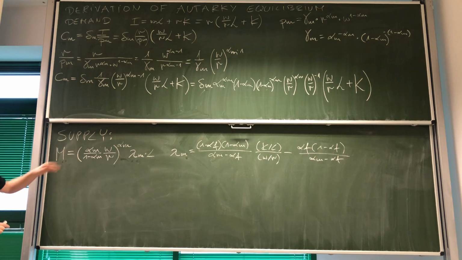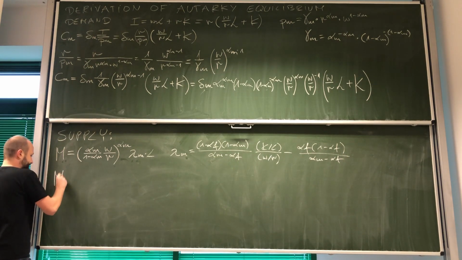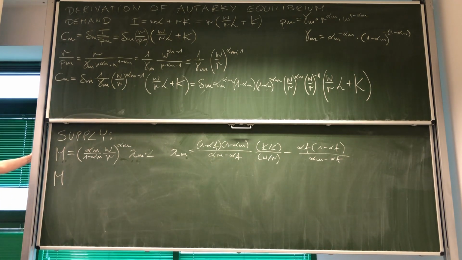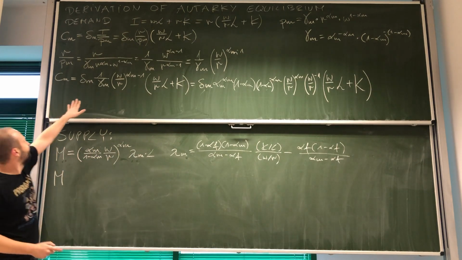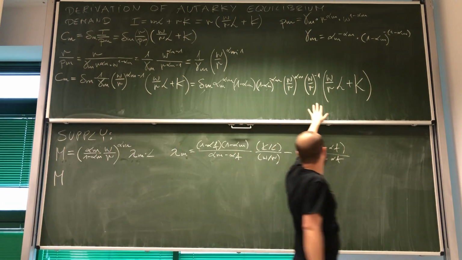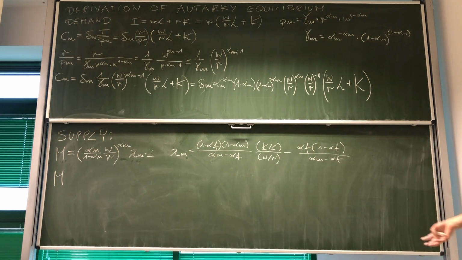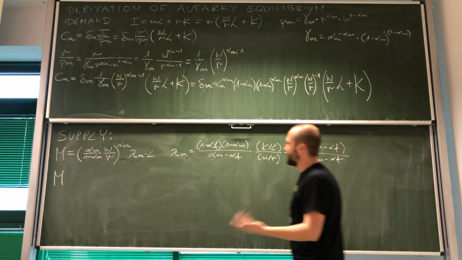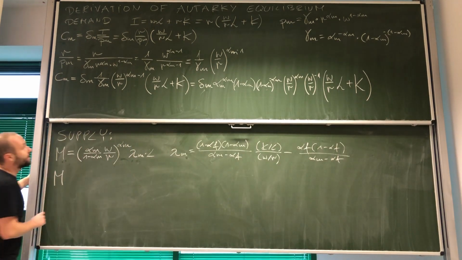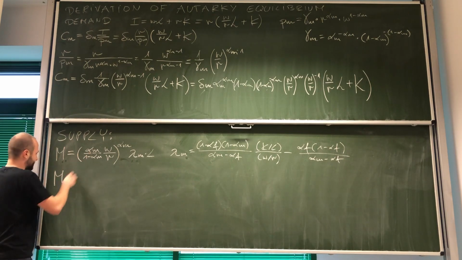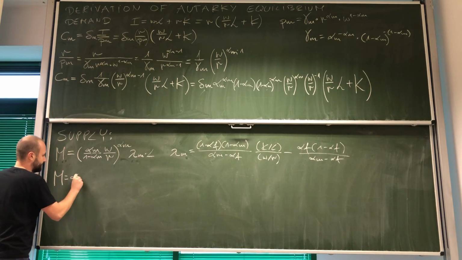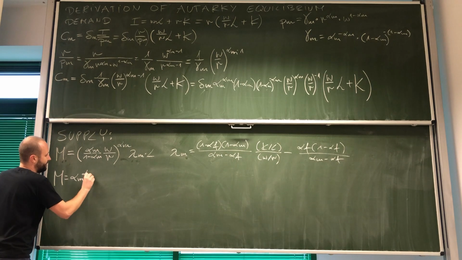But before I do this, let me rewrite this in a very similar fashion to what I did over here. Again, why is this important? Because you'll see a lot of things will be cancelling each other out. Because look, over here we've got alpha m to the power alpha m.